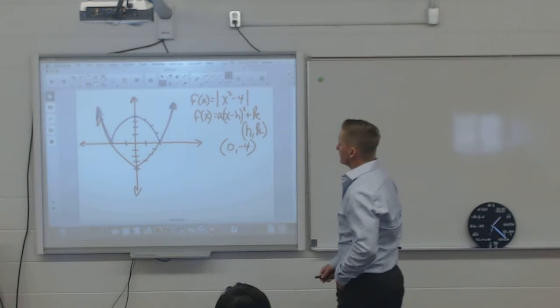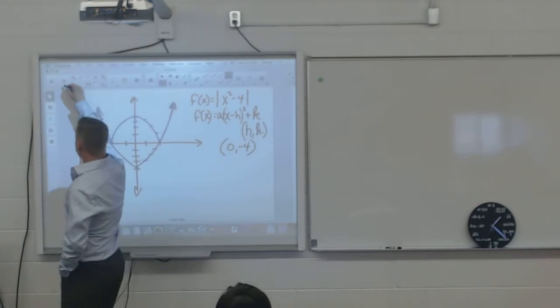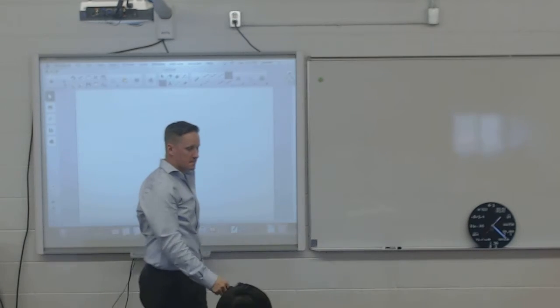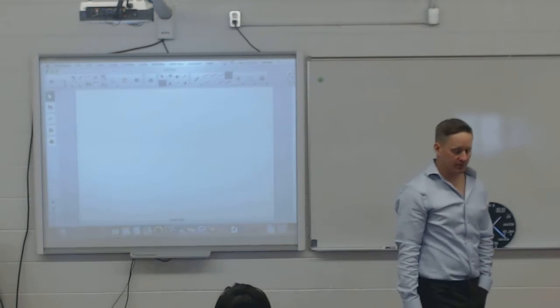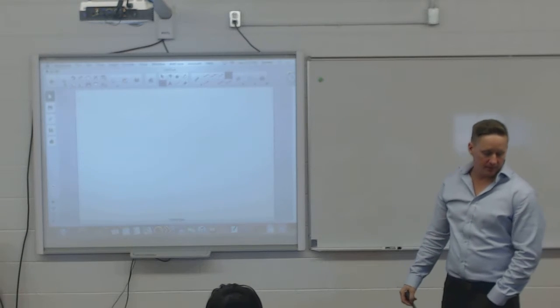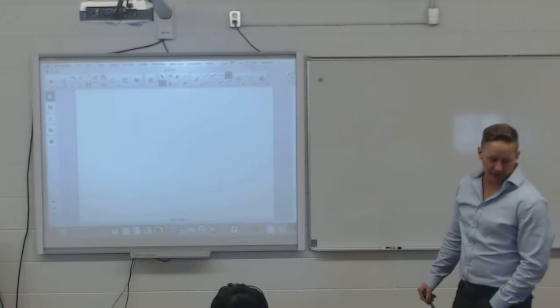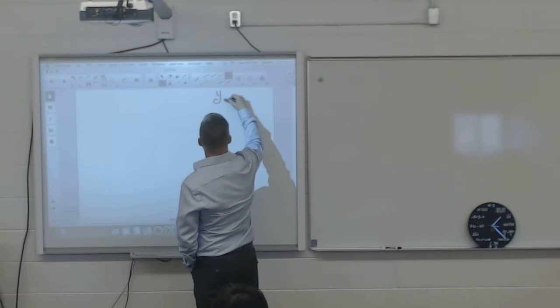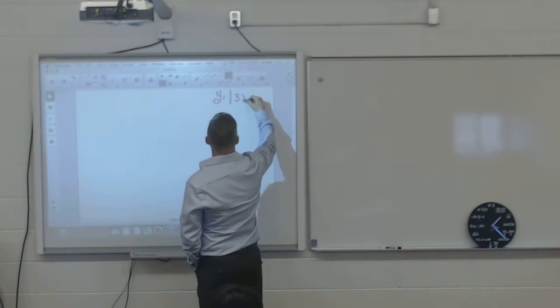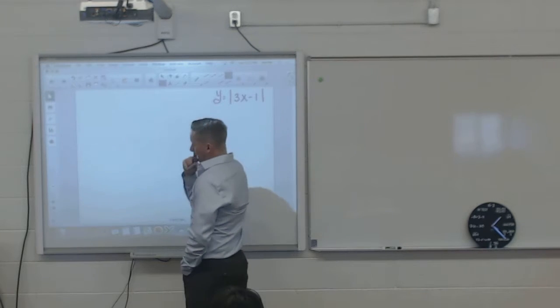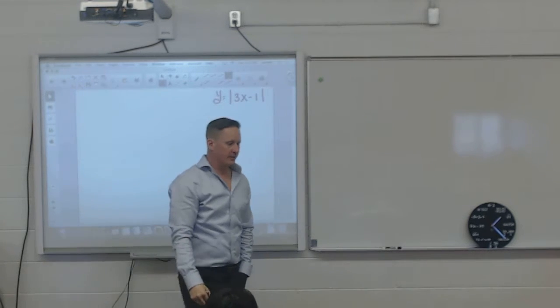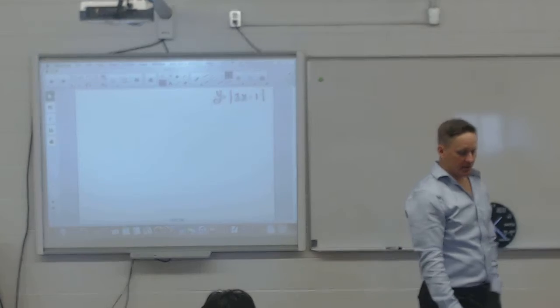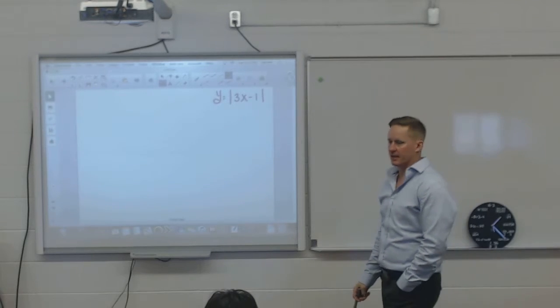So let's look at the first working example. You need to follow through in your book with this. Consider the function y equals the absolute value of 3x minus 1. First thing it says is determine the y-intercept and the x-intercept.